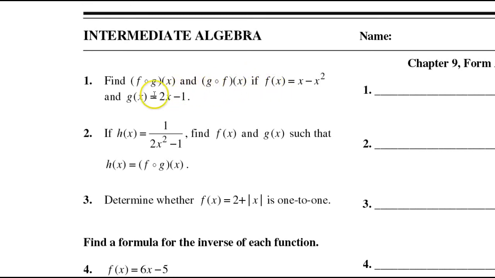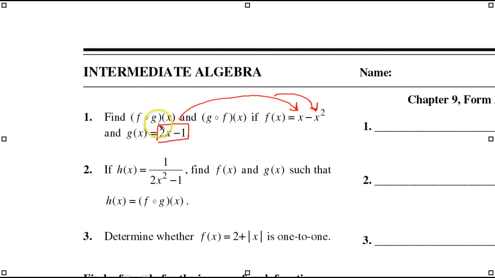And let's see what we have here. Find the composition of f of g. And then later g of f, where these are our values. So we had just finished this, but again, a little review.